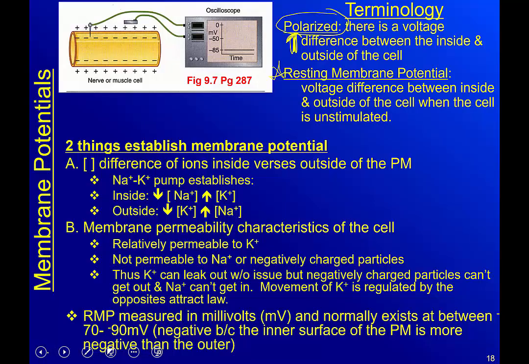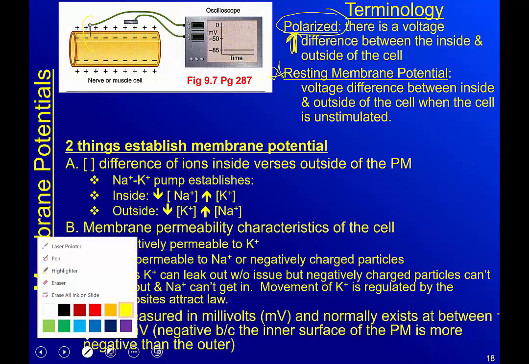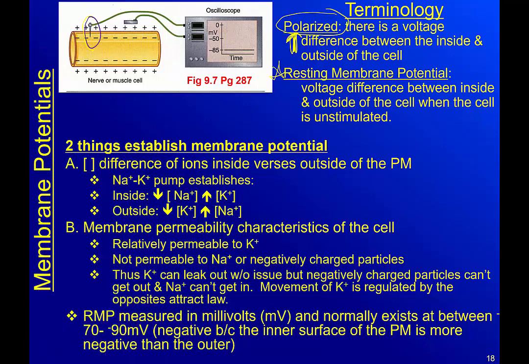So if I have a probe inside my cell and a probe outside my cell measuring the charges, when my cell is resting, when nothing is happening, I'm not contracting it, it's just sitting there, that's the resting membrane potential. Okay, that's what this number is.